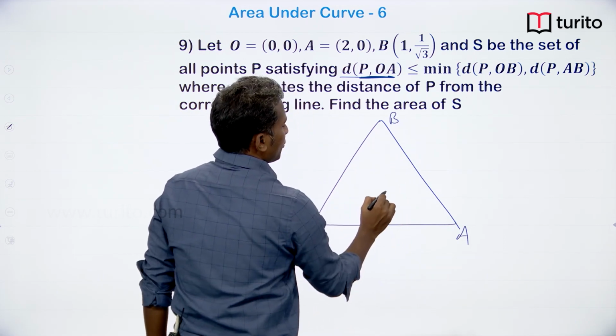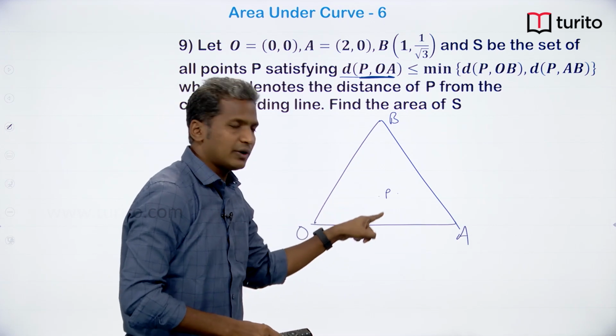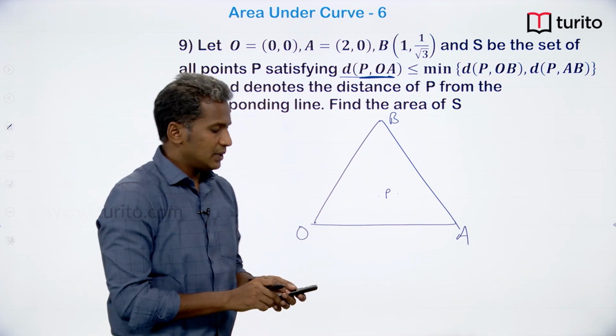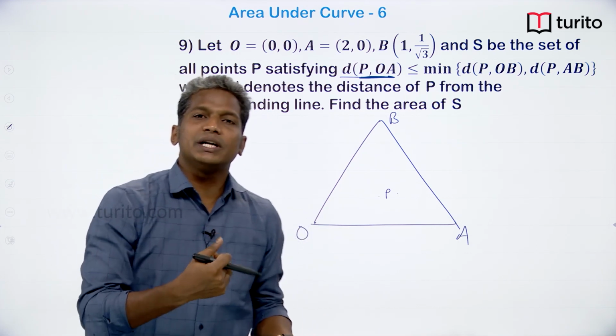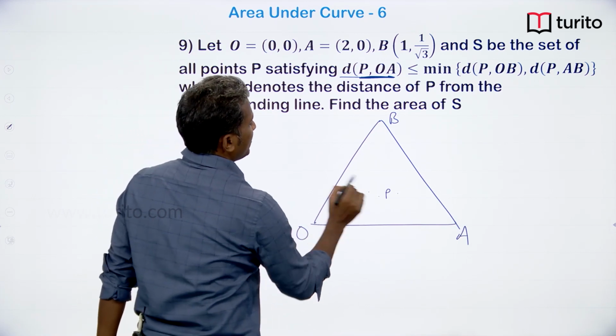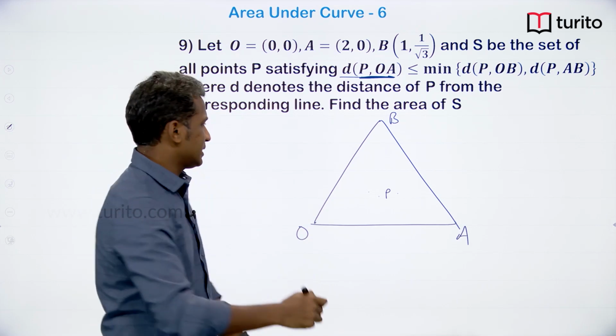If there is any point P here and we want the distance of P from OA to be less than the distance of P from OB, then to understand this inequality, let us look at the equality first. Where would the point P lie if both distances are equal? It will lie on the angle bisector.